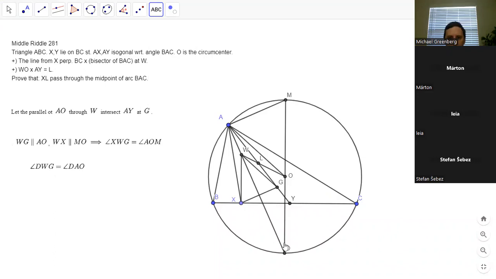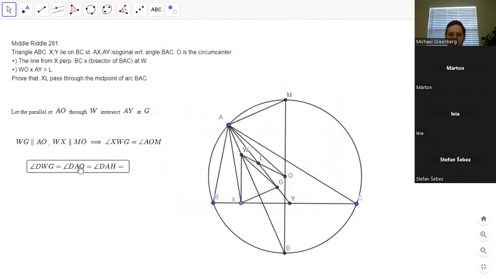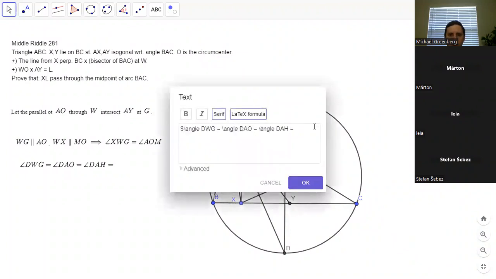So DAO is DWX because DAO is DAH, where H is the orthocenter, so I'll write that later. Which is DWX.